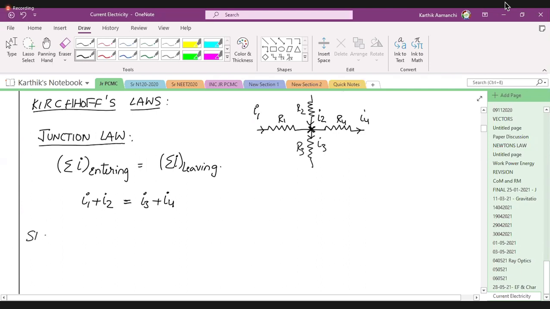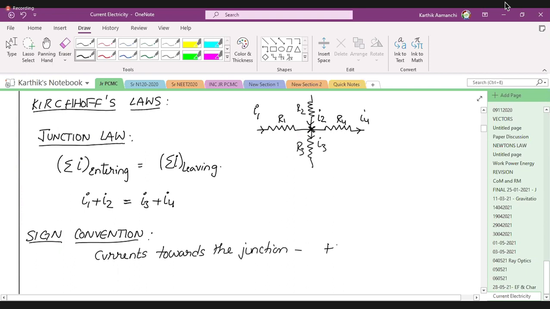Junction law, your sign convention will be: currents towards the junction are positive, currents away from the junction are negative.